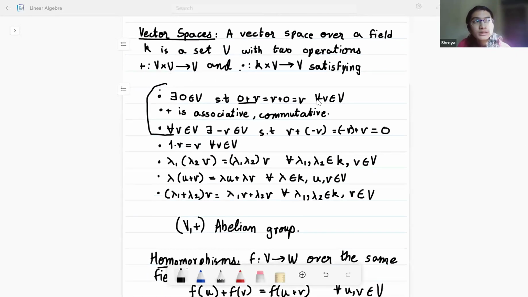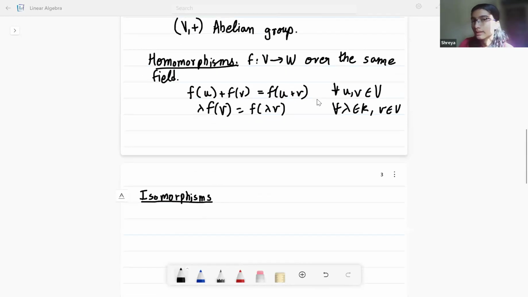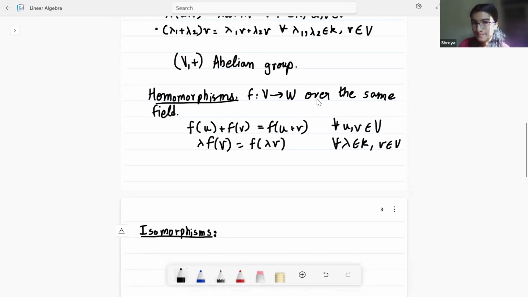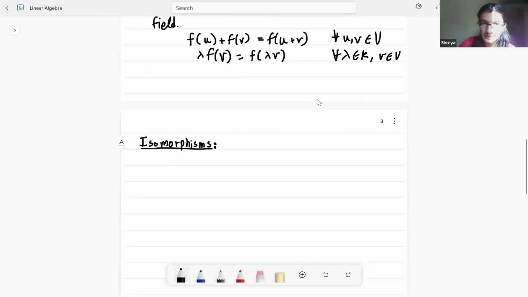I haven't seen homomorphisms from a field to another field and how they behave, but I think you could define something like that and it would make sense. Okay, so either way, a homomorphism respects all of the properties of the base field, like addition and scalar multiplication. Both of those properties it respects.